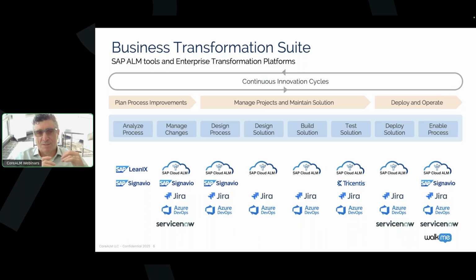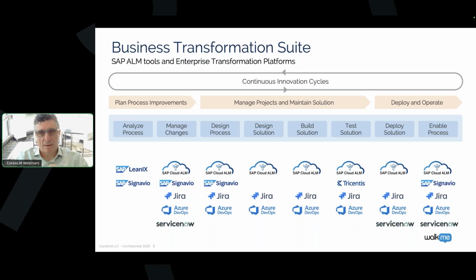So, for instance, SAP customers tend to use SAP tools wherever they can because those tools offer additional capabilities, such as transport management and test automation, that are built into those tools that are not really part of, let's say, Jira or Azure DevOps. So Cloud ALM is an example where you can have fairly robust capabilities that span mostly across the application lifecycle management process.